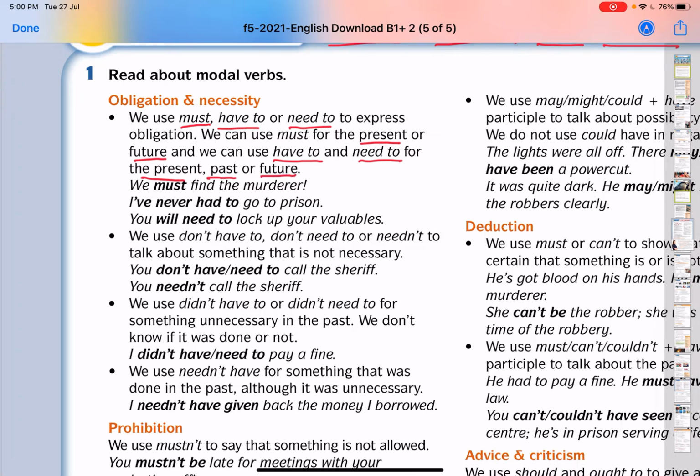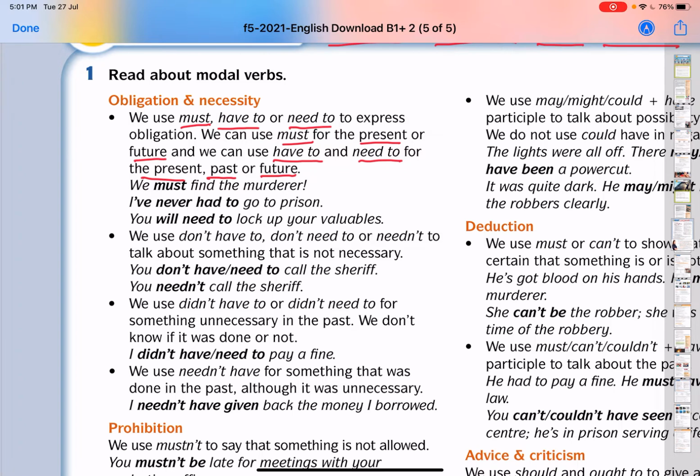So ingat, have to and need to untuk present, past or future, tetapi must for the present and future. Okay, so have to and need to, you can use it for the present, past or future, but must, you use it for present and the future.